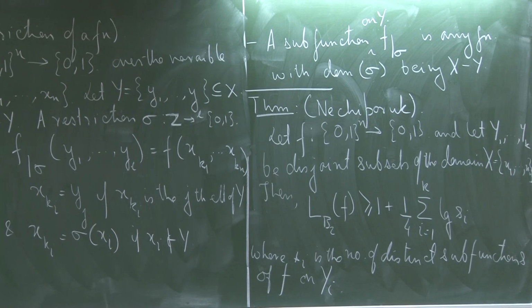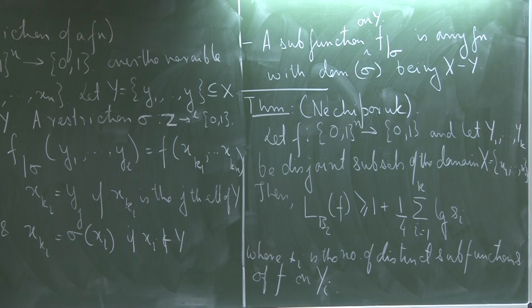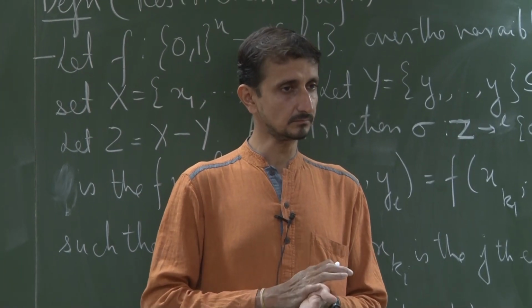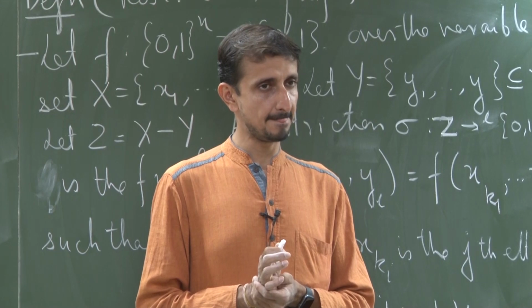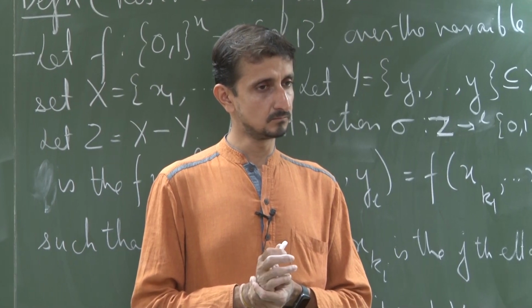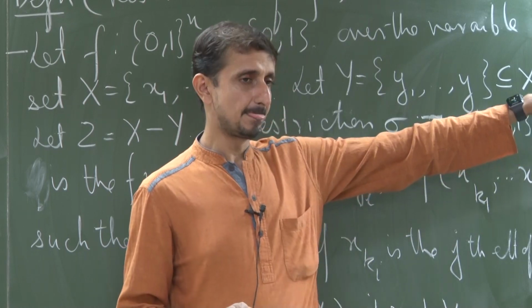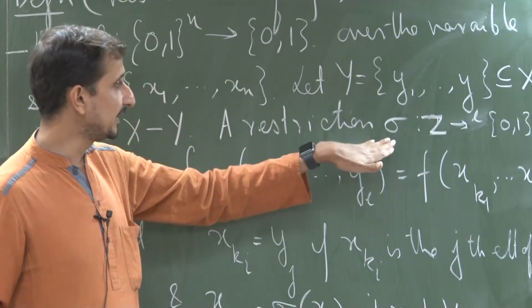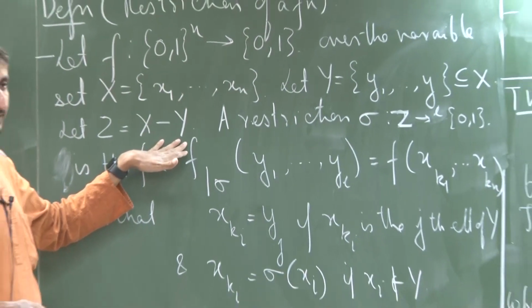So, any questions about what we mean by a restriction or what this theorem states? That is the definition. The domain of sigma is z. Z is defined to be x minus y.